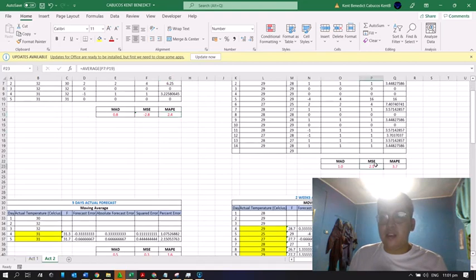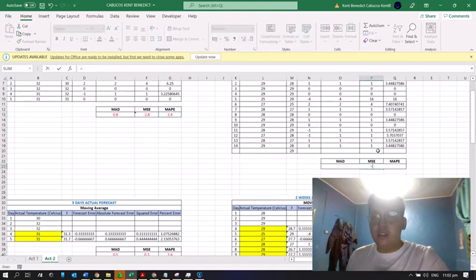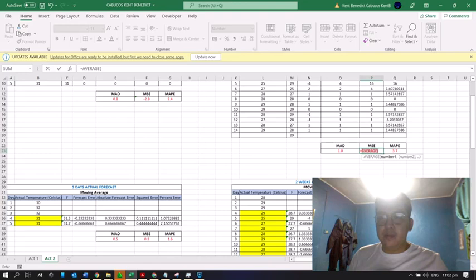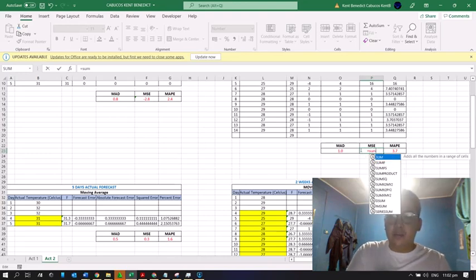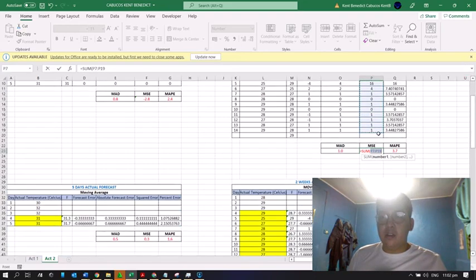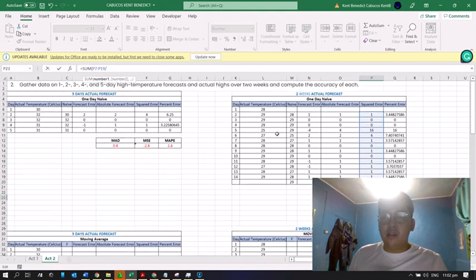For MSE, we're just going to change this. Not average, sum. It goes to the sum of squared error over 13 minus 1.